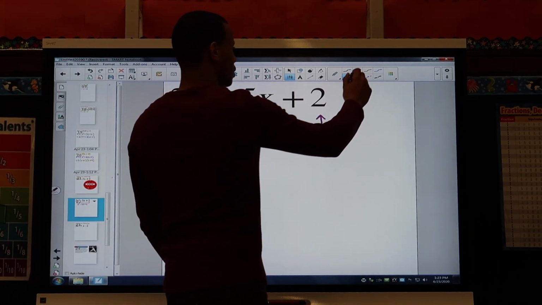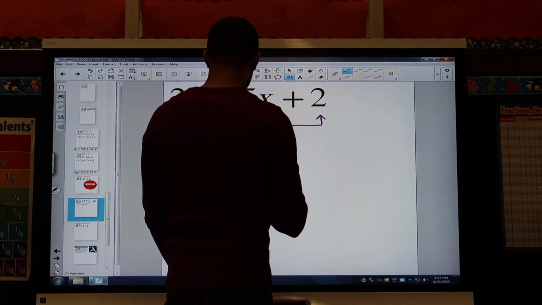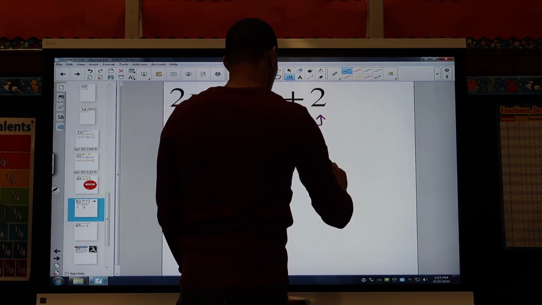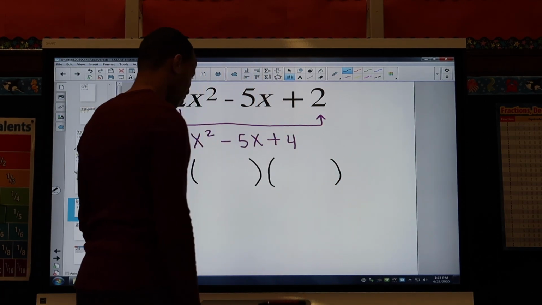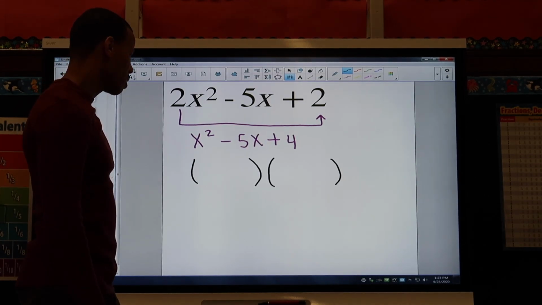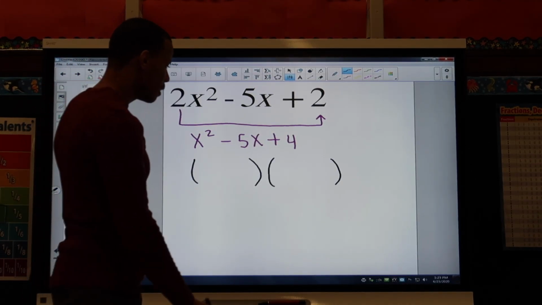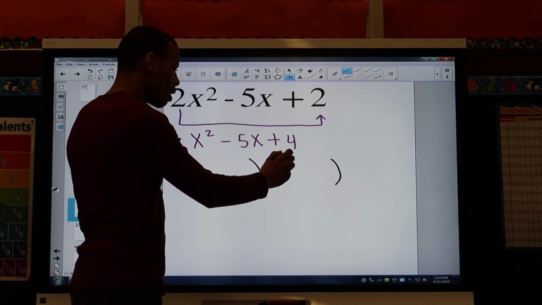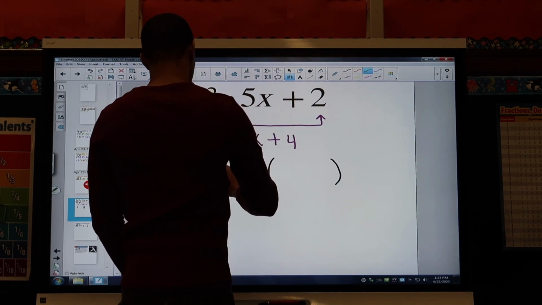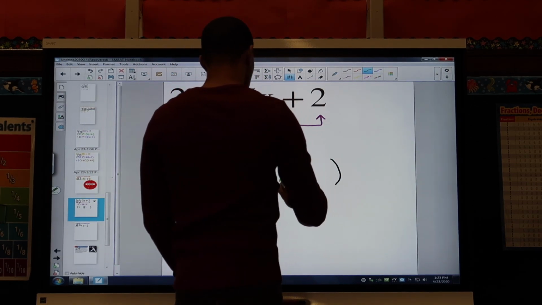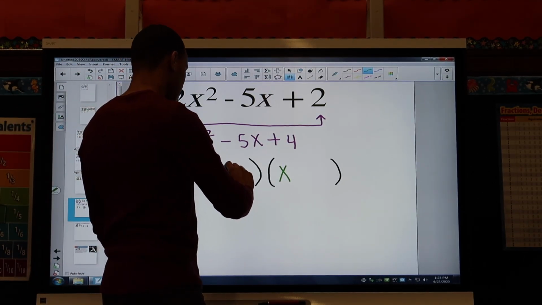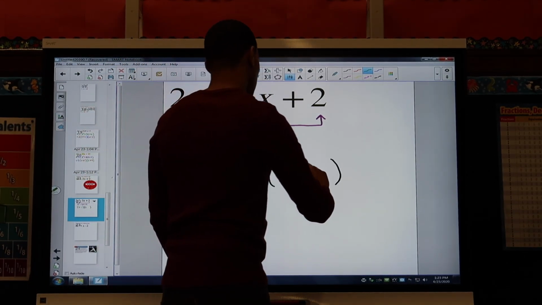Now I want to factor this into two polynomials, right? I'm looking for two numbers that multiply to positive 4 and add up to negative 5. So this looks like x, x, and those two numbers should be negative 1 and negative 4.